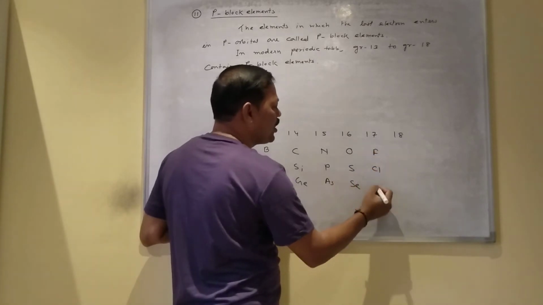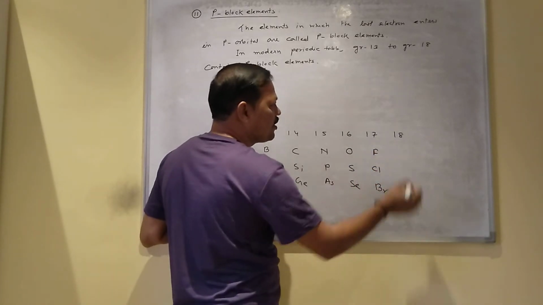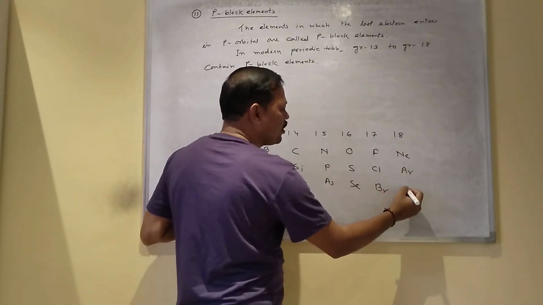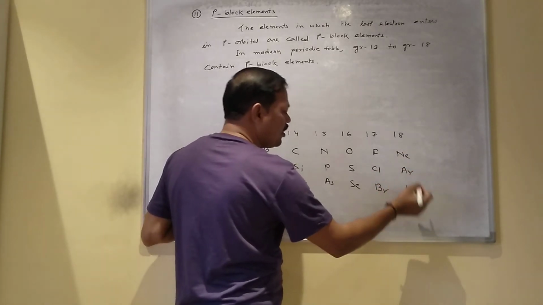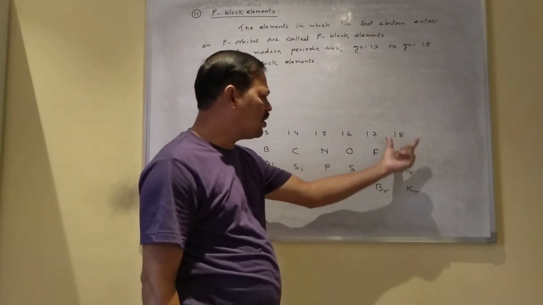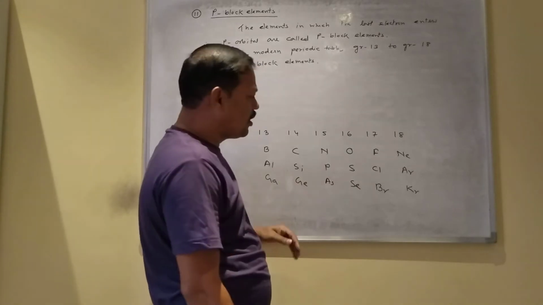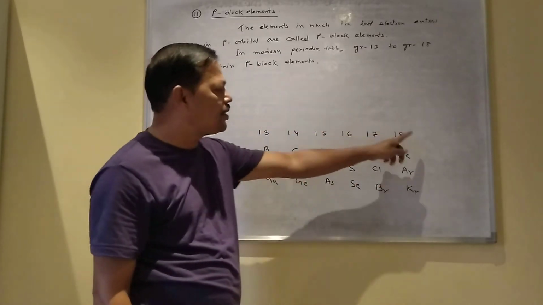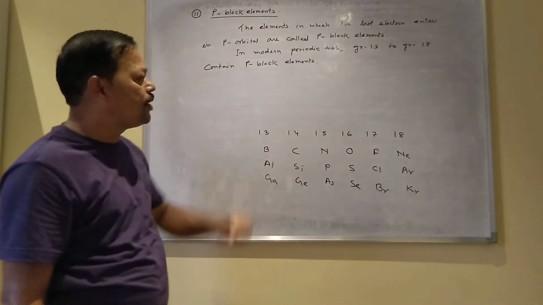Group 17 contains fluorine, chlorine, bromine, iodine and so on. And group 18 contains neon, argon, krypton. These are called noble gases. I have written only some of the elements. Groups 13 to 18 contain these P block elements.